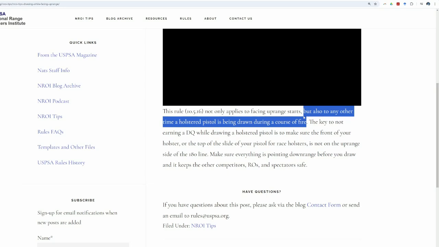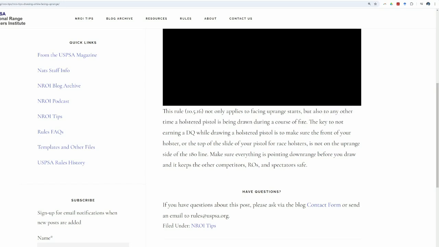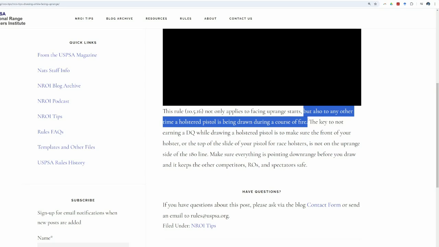So the NROI is already on here in February 2023 saying that it applies at any other time during the course of fire that the pistol is being drawn. So this blog post, written in 2023, is incorrect and is in violation of the rulebook.